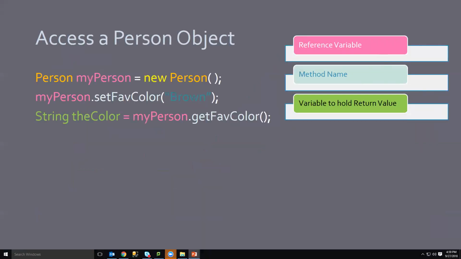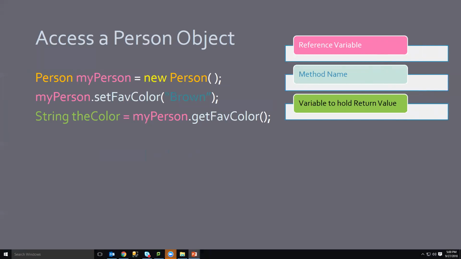So here is all of our code now for our person object. First, we create a person, and our person object is named myPerson. Then we use our myPerson instance to set their favorite color to brown. Then we set up a string called theColor, and we use it to hold the returned value of our person's getFavoriteColor result.